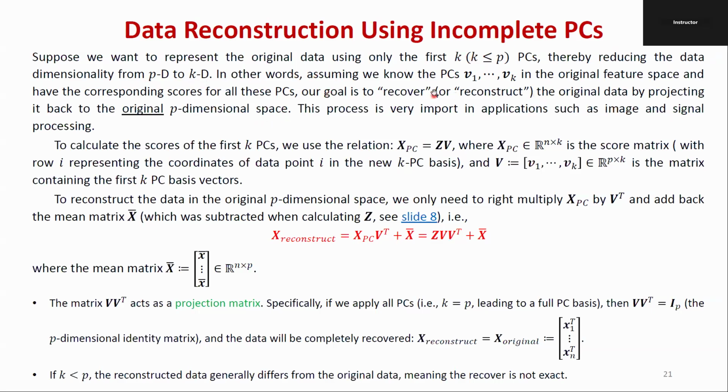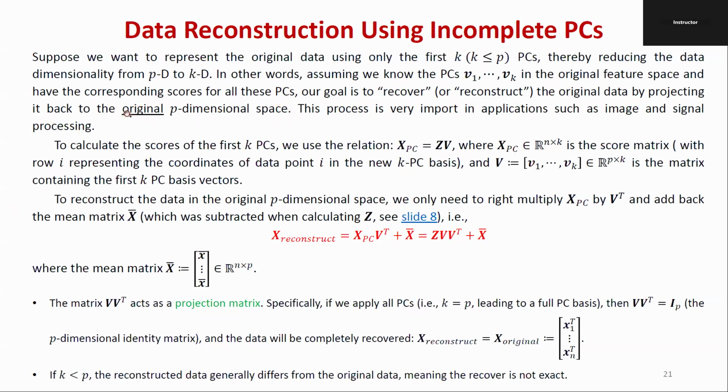Assuming we know these K PCs, V1 to VK, and we have the corresponding spaces for all the PCs, our goal is to recover or reconstruct the original data by projecting it back to the original P-dimensional space.